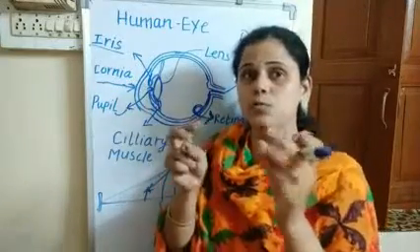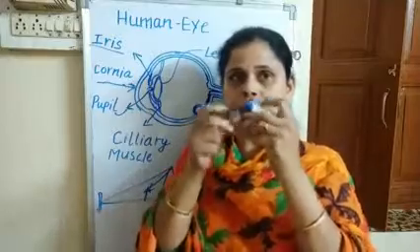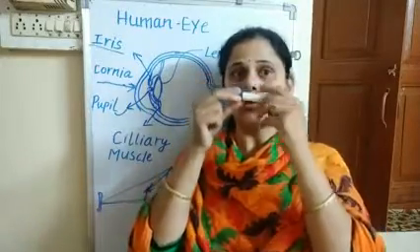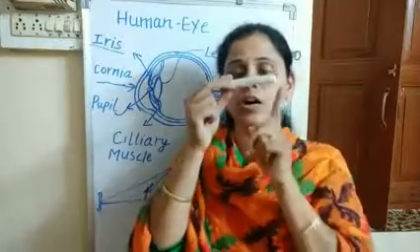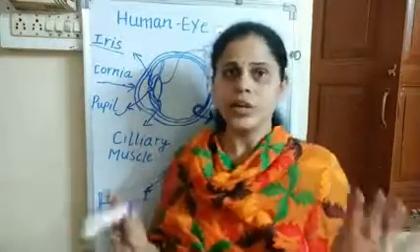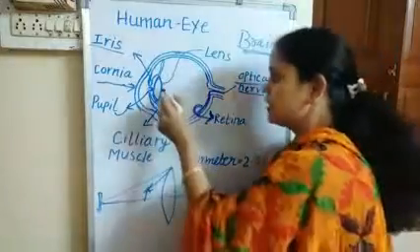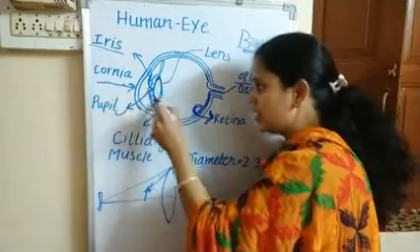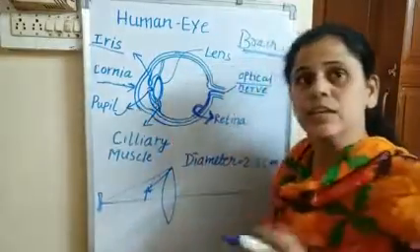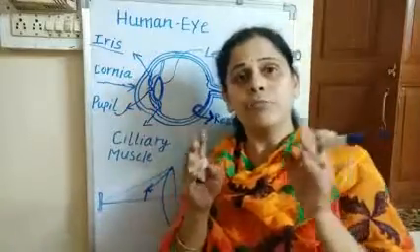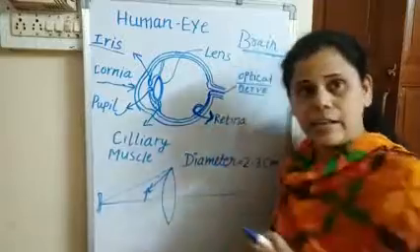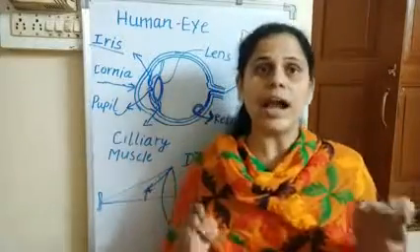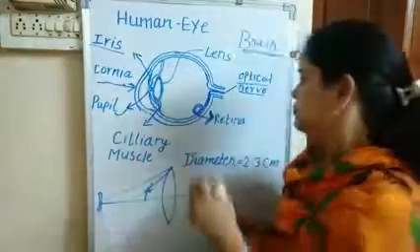When the object is very near, the focal length will decrease to see the object clearly. Clear? Then the image will form on this screen called the retina, and the image is real and inverted.